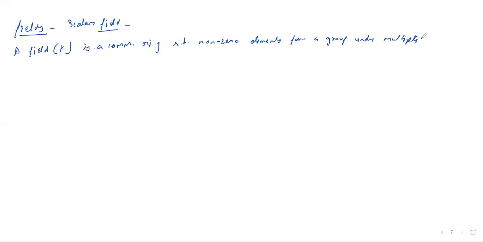So what is a field? A field is a commutative ring such that non-zero elements form a group under multiplication.